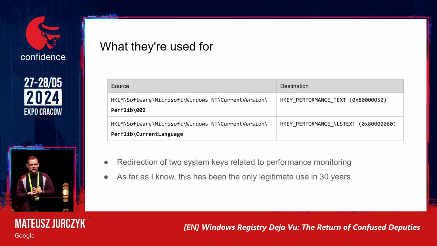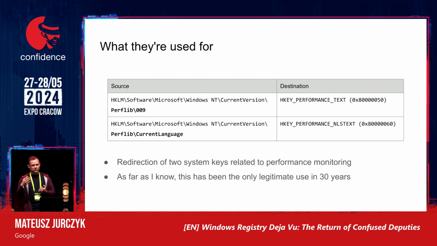When it comes to what it's used for in Windows, I was wondering that for a long time. And I think basically there are just two keys in the registry which are predefined keys related to performance monitoring. So in Windows NT 3.1, you would open these two special keys to get performance monitoring information if you wanted to.